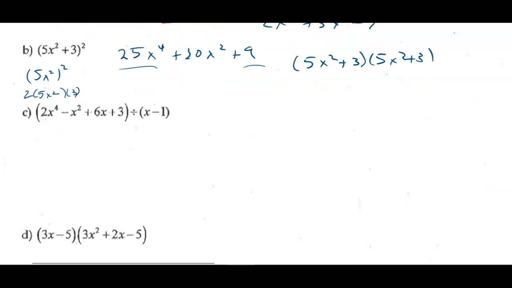Long division. Let's take a look. I have x minus 1 divided into... double check first. Notice you must have every exponent. 4, I'm missing a 3.